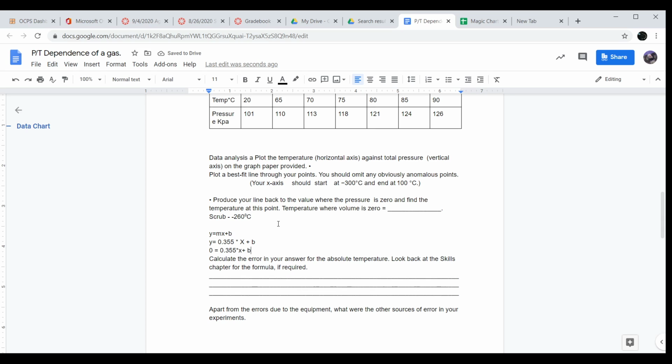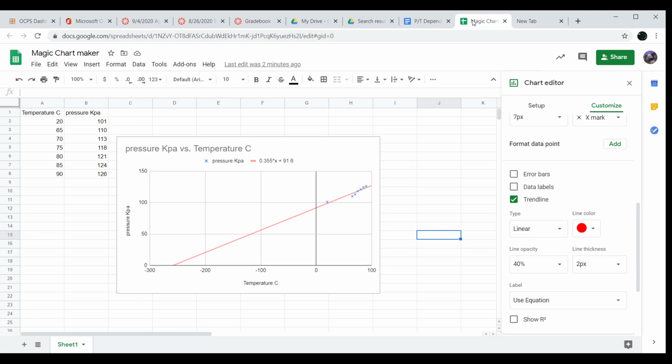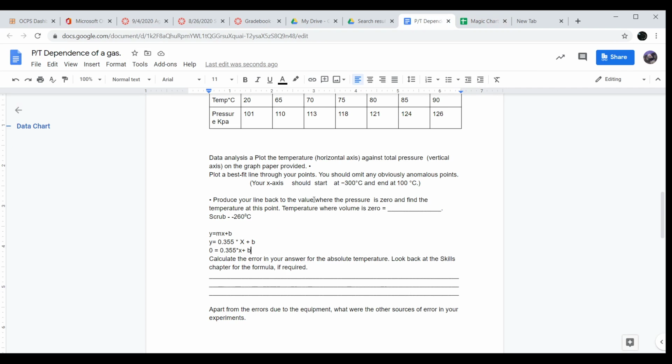We need to get x all by itself. Actually, we can input the number for b, which is 91.6.